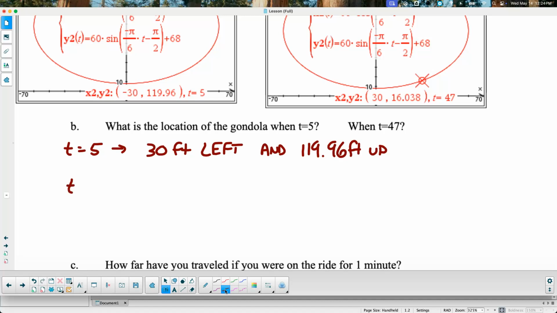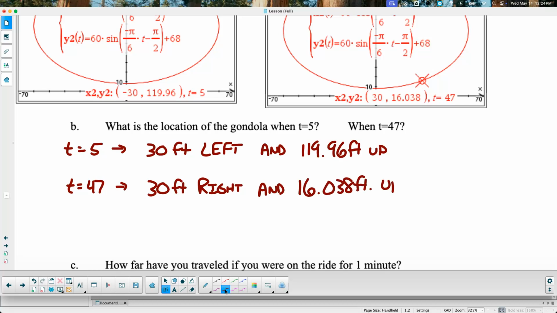At t equals 47, you're 30 feet right and 16.038 feet up.